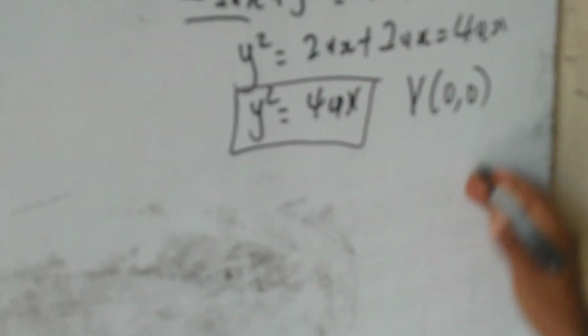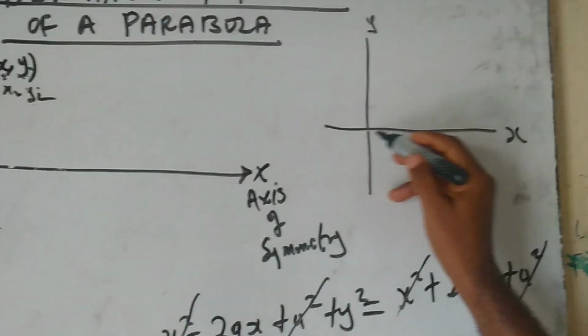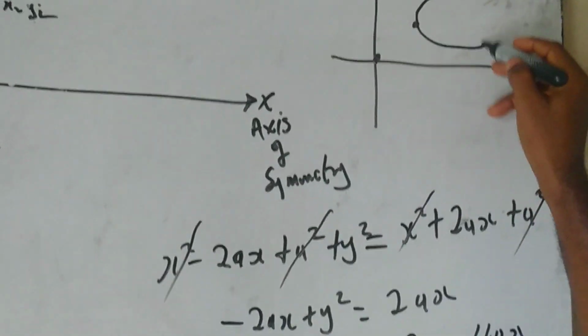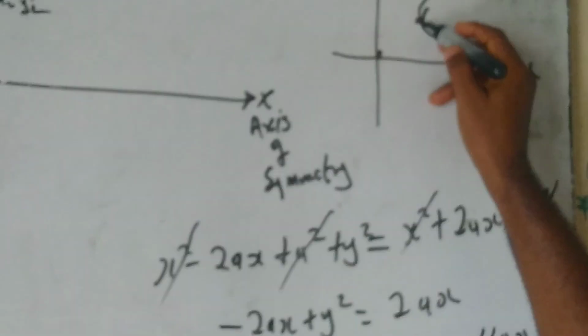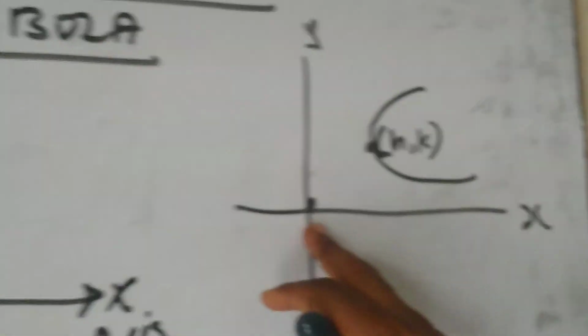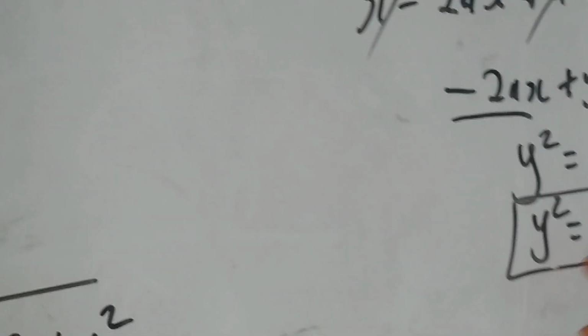If the vertex is not located at the origin, like when I have something like y and x, but the vertex is no longer at the origin, let's say the vertex is somewhere here having coordinates (h, k). In that case, when the vertex is not at the origin, we can manipulate this equation.